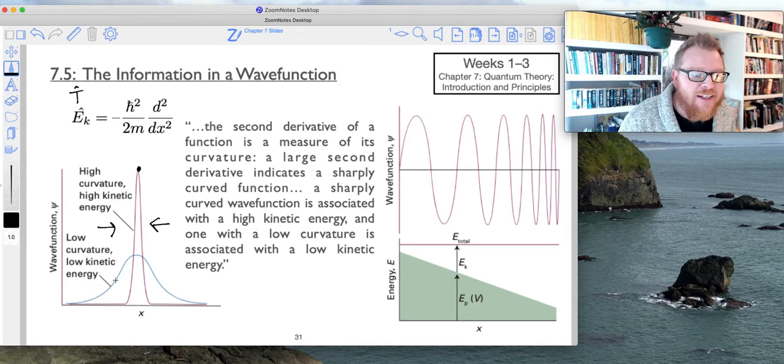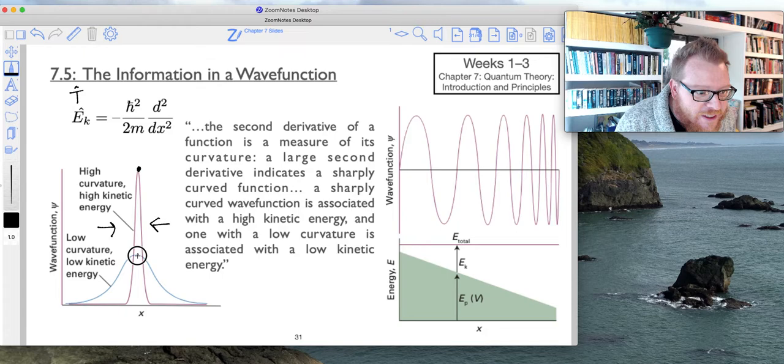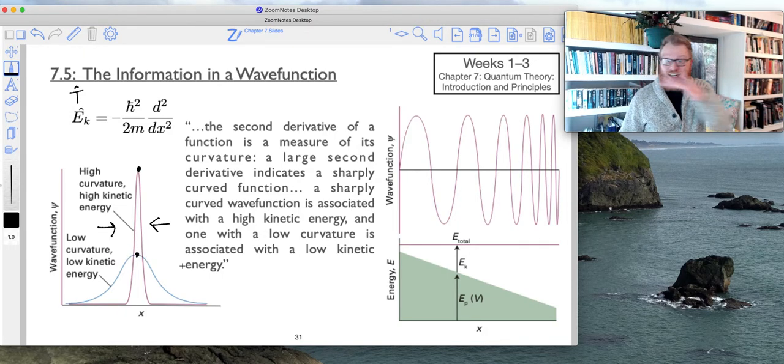And then if we had this less steep function right here, we can see there's lower curvature, lower kinetic energy than in this case. But all the same, we can still see that point there owing to a 0 slope will have physical significance in wave-particle duality.